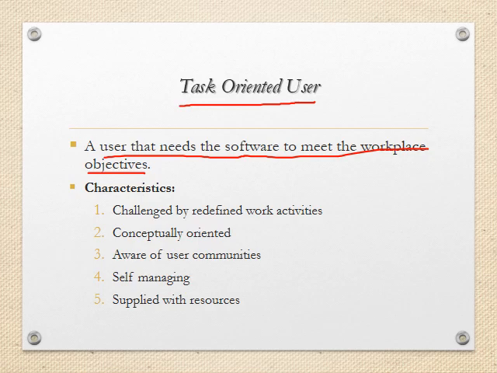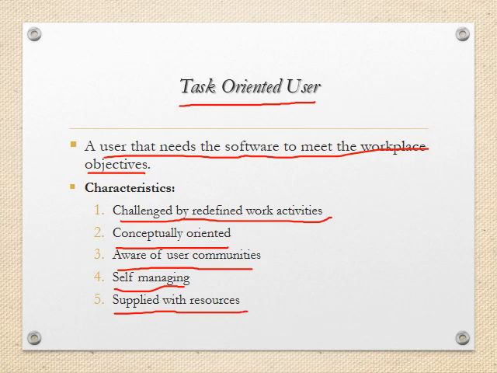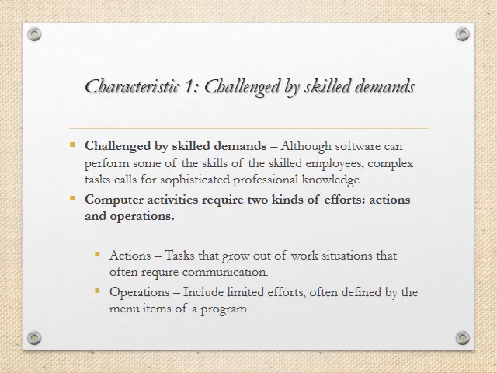The task-oriented user has these characteristics: challenged by predefined work activities, conceptually oriented, aware of user communities, self-managing, supplied with resources. If you think about each one of these, they are the opposite of the default users. Next, we will explain each one of these characteristics.